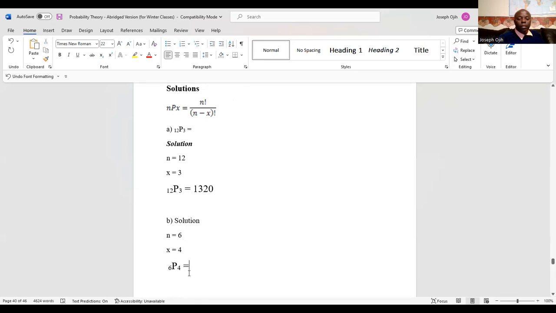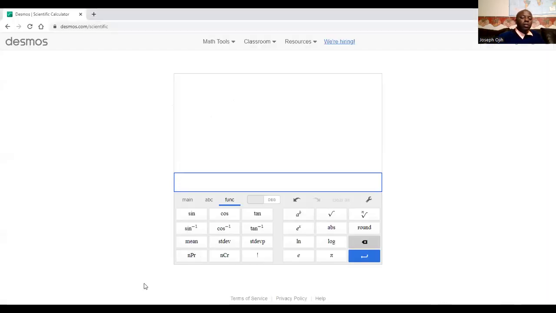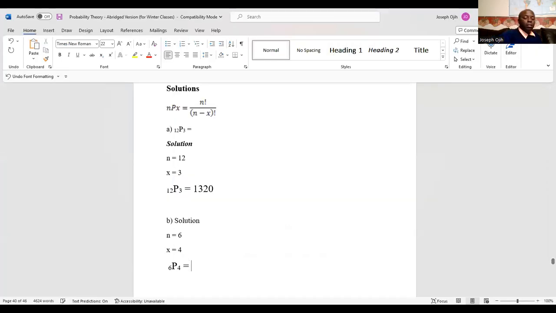Now you go to the calculator. Click on the permutation symbol, then 6, then 4. And it is 360. So 6 permutation 4 is 360.